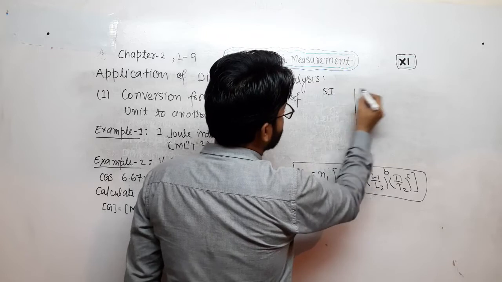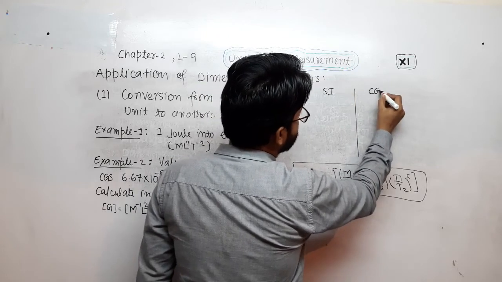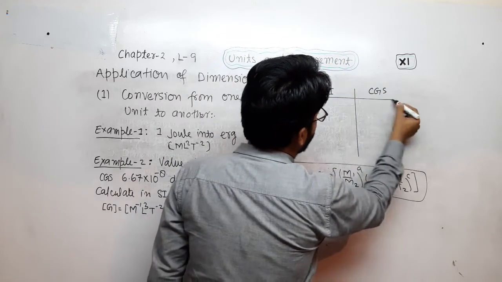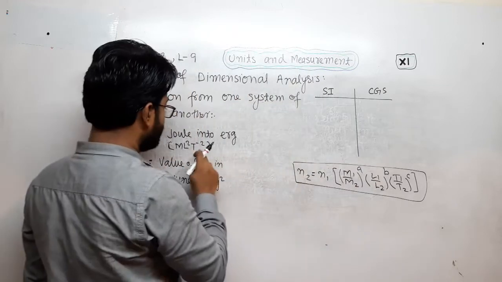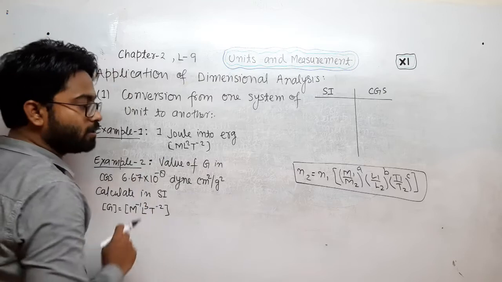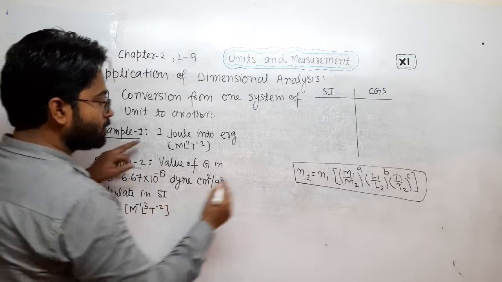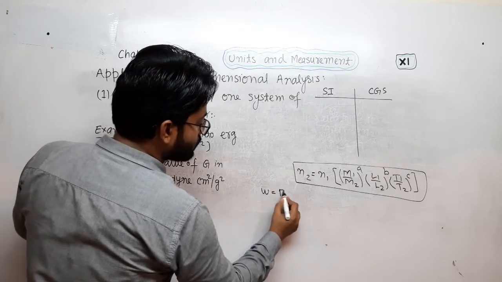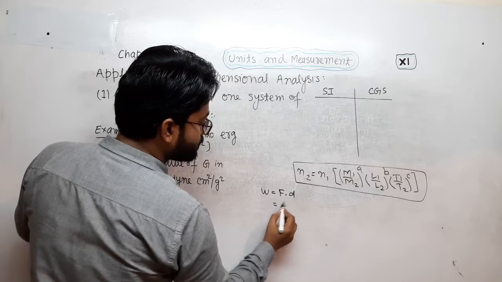This is SI and this is CGS. In SI, joule is the unit of work. You know, work is force multiplied by displacement.